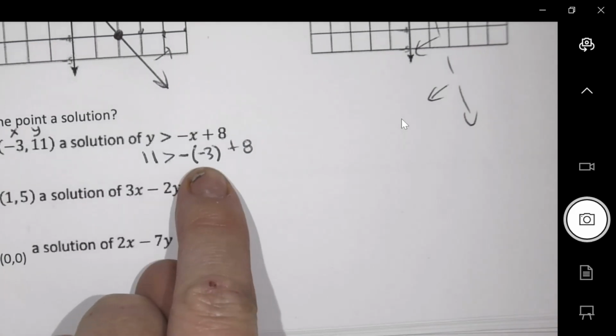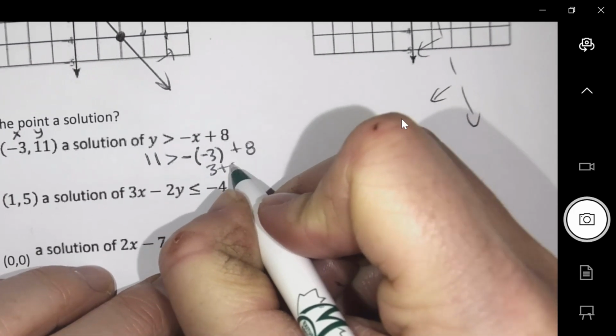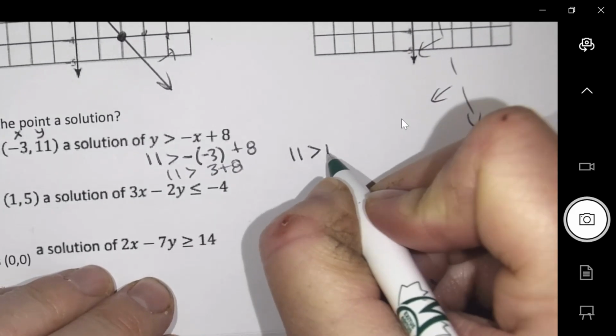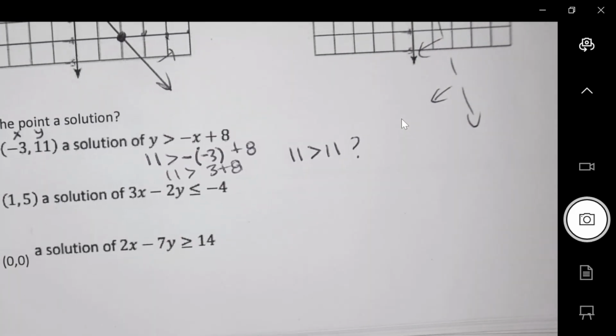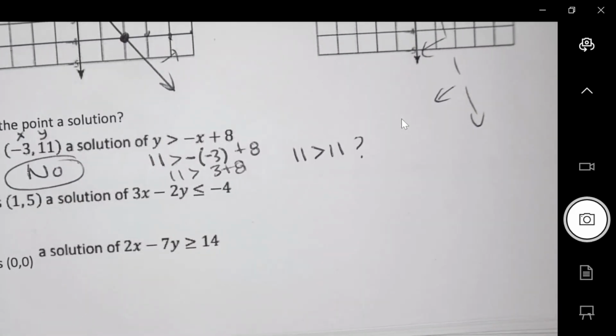So that's 3. Is 11 greater than 11? That's what we got to. Does that work? No, 11 is not. So this will not be a solution.